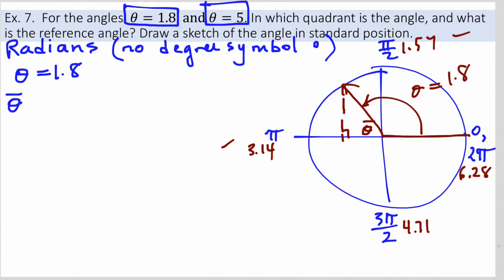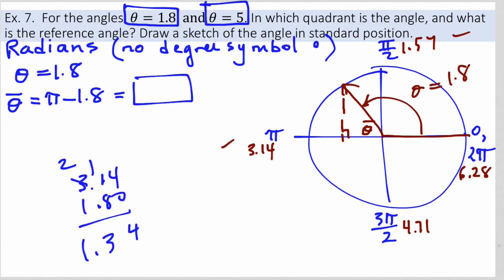So that would be theta bar is equal to pi minus 1.8 radians, and we could plug that into the calculator to get an amount there. So let's say it's approximately 1.34 radians. So always a positive acute angle. I know that's an acute angle because pi over 2 radians is 1.57. All right, so that takes care of 1.8 for theta.